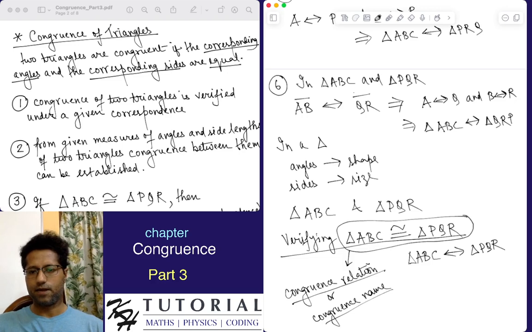This thing, that triangle ABC is congruent to triangle PQR.